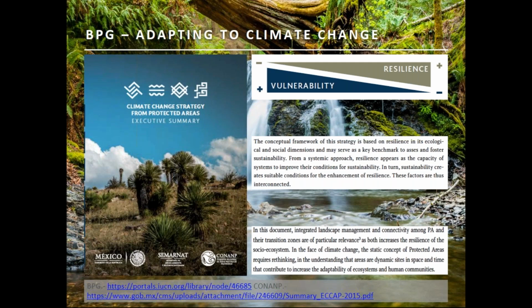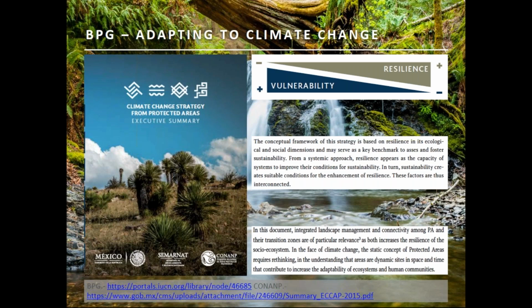We started to implement that strategy, but things were not properly envisioned. They didn't have a logic from the ground, and it was really complicated to incorporate actions and activities into the daily work of the managers. And also the logic behind it was of PAs being affected and impacted by climate change, but not seen as a solution.